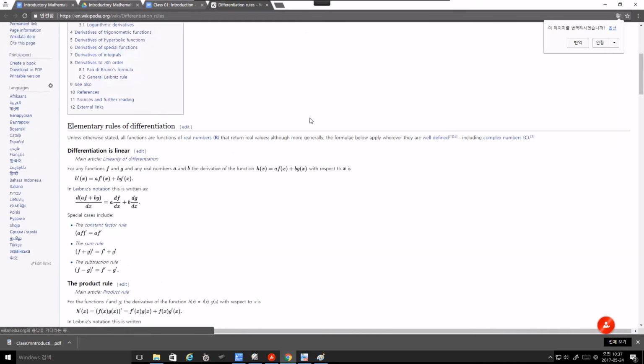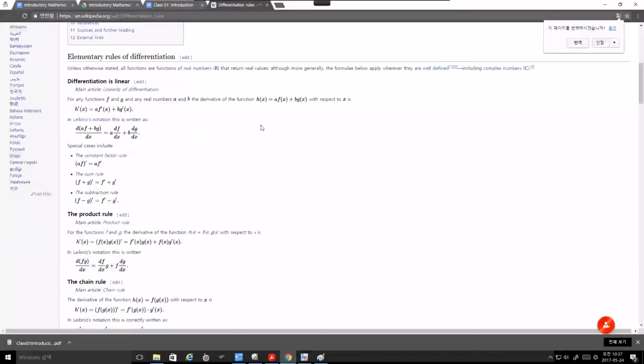Differentiation rules, and then we have a bunch of formulas for differentiation, right? Differentiation is linear. Observe this. I think most of the formulas are very familiar to you. h(x) is a f(x) plus b g(x). If we take the derivative, it becomes a linear function.